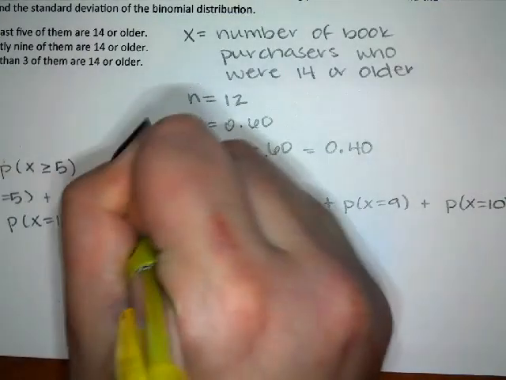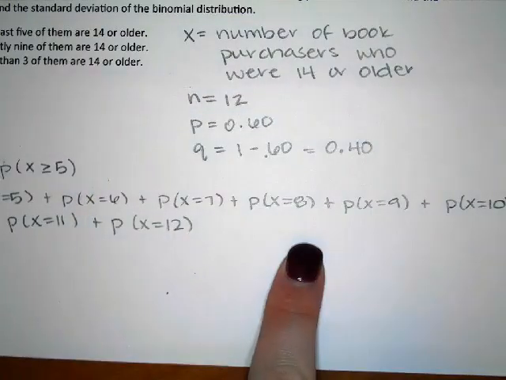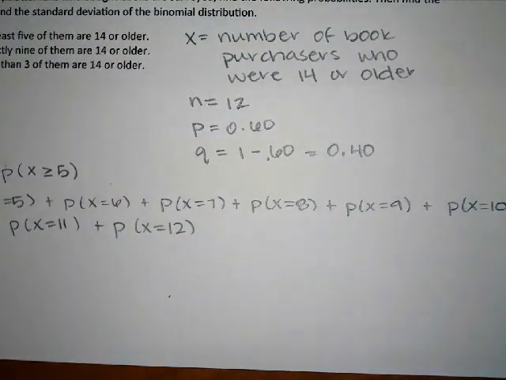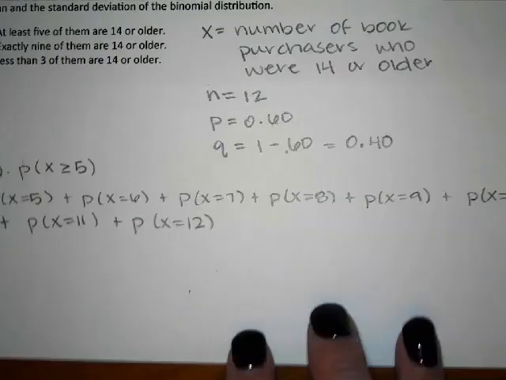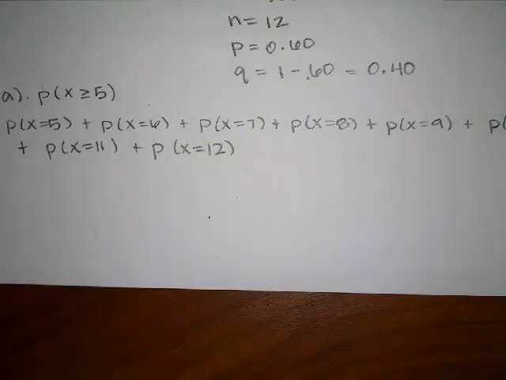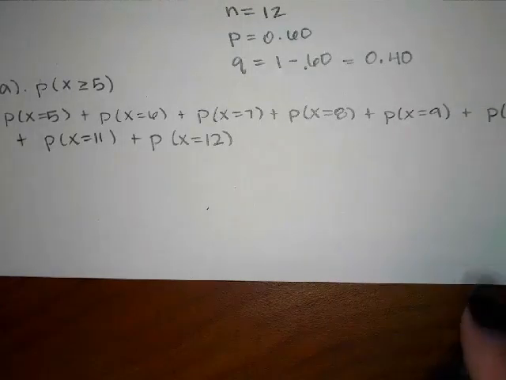What's the probability that at least 5 of them are 14 or older, which is why we're not going to use the formula for this one. We're going to use the table. So what we need to do is look on the table, find where we have 12 trials and a probability of 60%. So that's the 3rd page.